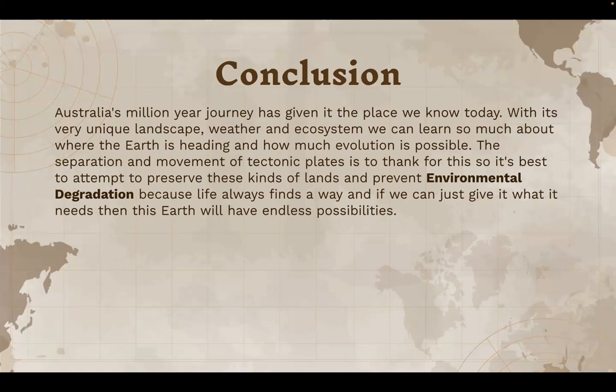So it's best if we try to preserve these kinds of lands and prevent environmental degradation, which basically means where the land just becomes useless from pollution, wars. So we just want to try to maintain that land if possible. If we can just give the bare minimum to this planet, then who knows what kind of possibilities we could have and what kind of evolution we can experience.